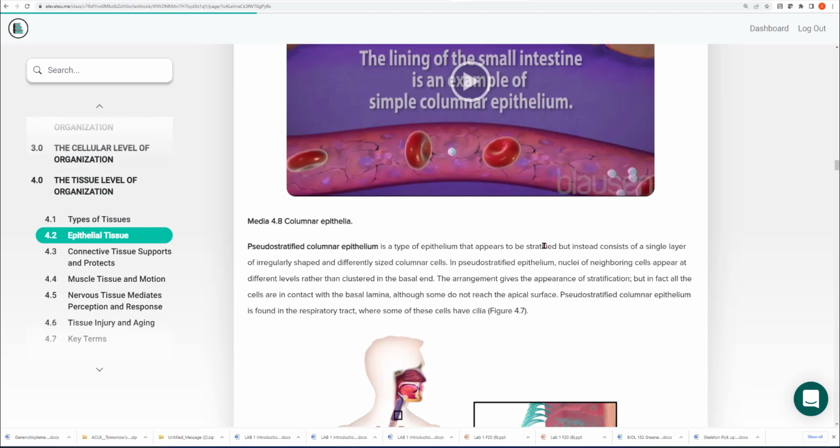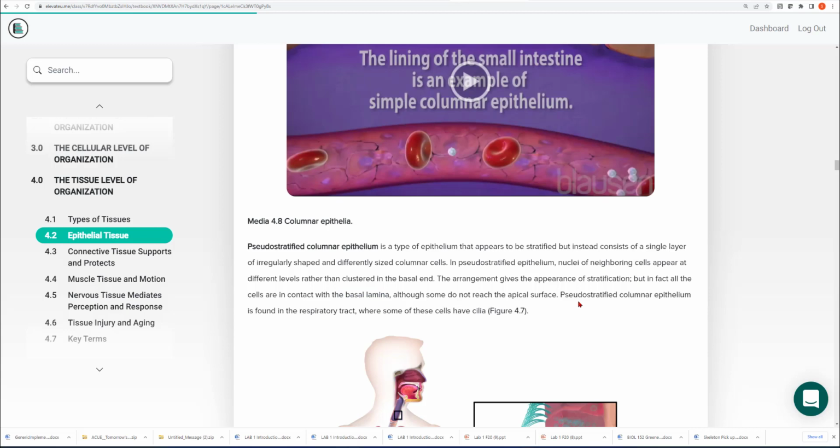But if you could go in and closely examine the cells, you would see that all of the cells in this type of tissue have direct connection to the basement membrane. So it's really one layer of cells. It looks kind of ragged. It kind of looks stratified, but that's why it's called pseudo-stratified.